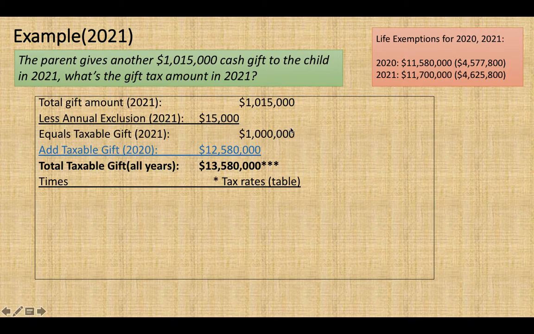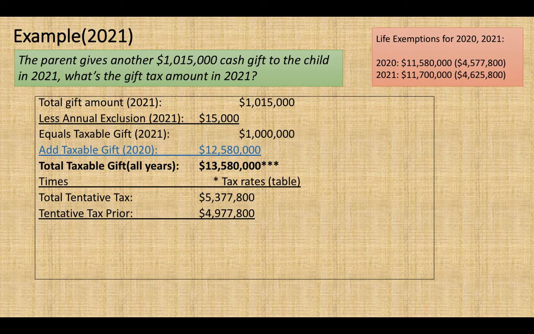The current year amount is always taxed at a 40% rate, because if you have prior years, you have gift amounts of more than $1 million. That's just something to keep in mind. Then you get the lifetime total tentative tax amount, then minus the tax amounts from all prior years, which gives you the current year's amount.